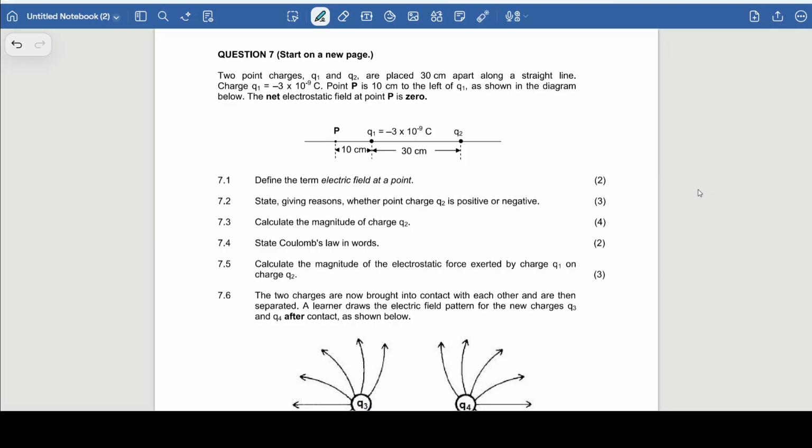So I'm a bit confused on how to find the number three. Number three.